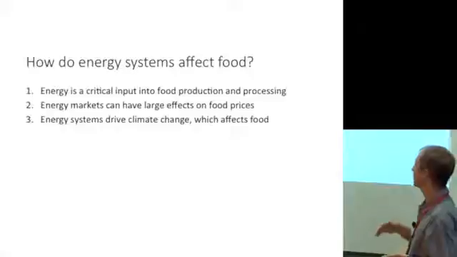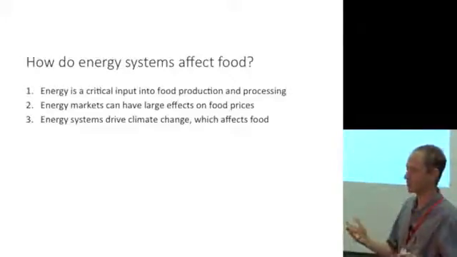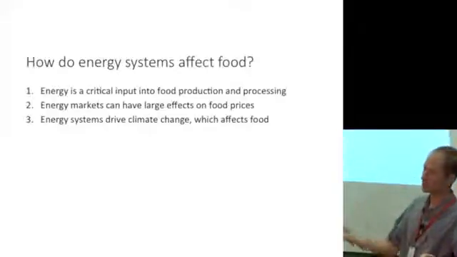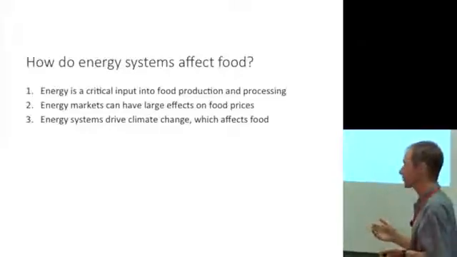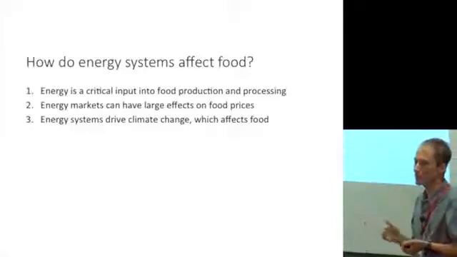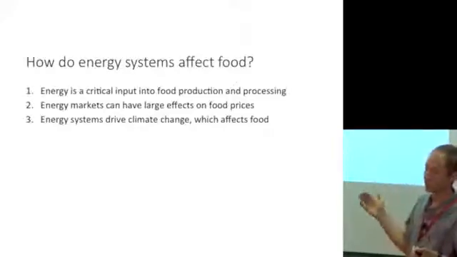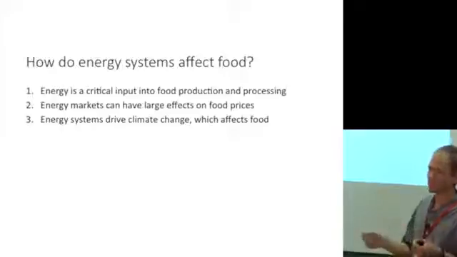So even things that aren't obviously incorporating food into the energy production, for example, the big change in shale gas and the change in natural gas prices over the last few years, or the recent drop in oil prices, can have major repercussions for food systems, not just because we use energy as an input to the food system, but because these markets are competing.